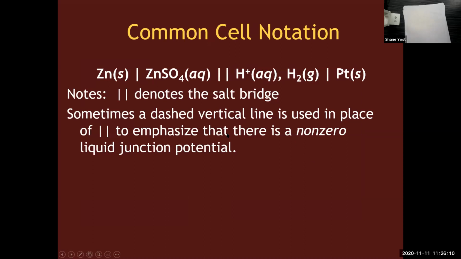All right. And here, just a reminder of this cell notation that you may not be used to in general chemistry. The typical notation is the double vertical line, denoting the salt bridge, the separation between the anode and the cathode.